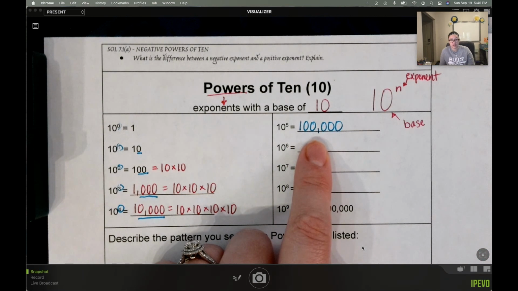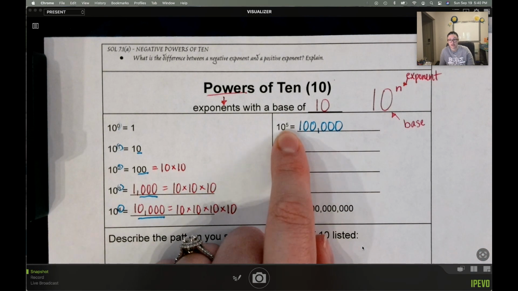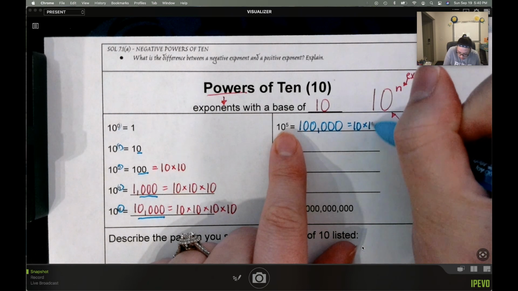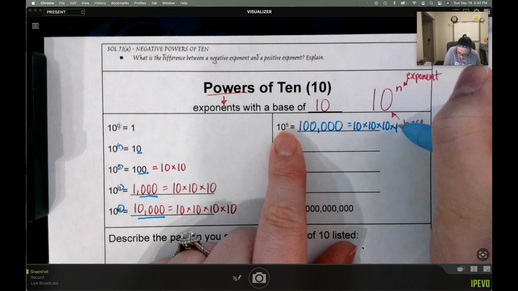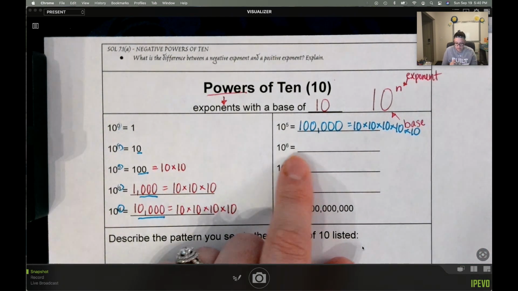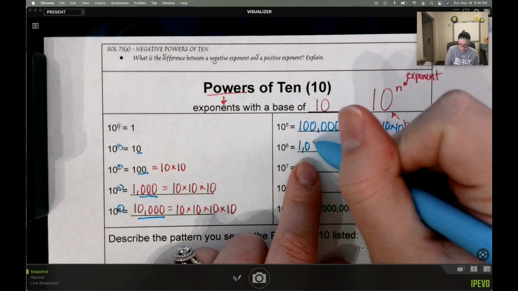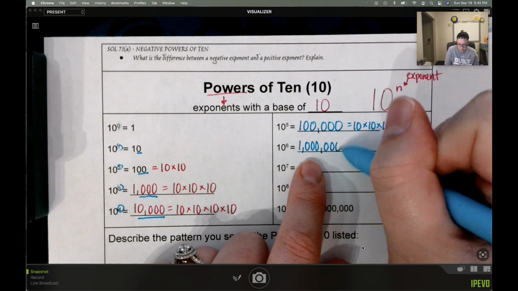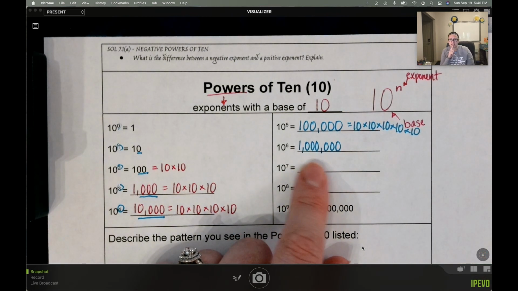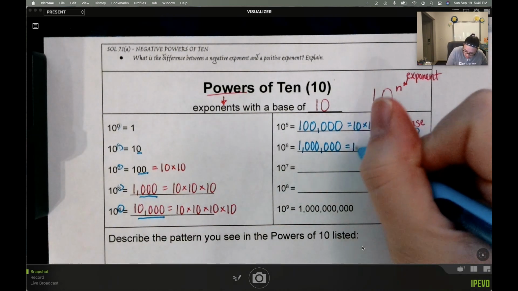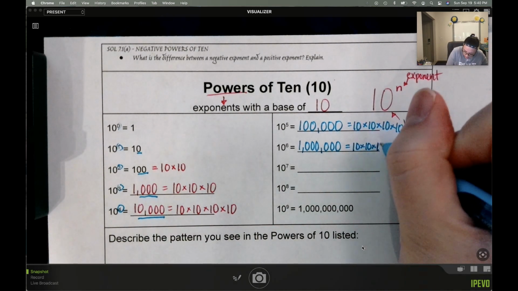So we would get 100,000 because there should be 5 zeros because we're multiplying 10 5 times. 10 to the sixth power would be how many zeros? 6. What number is this? That's a million. So that means we multiplied 10 6 times.